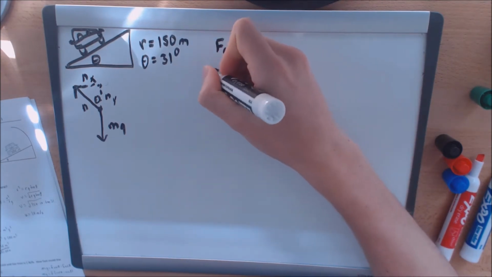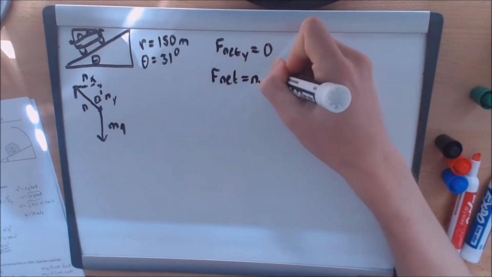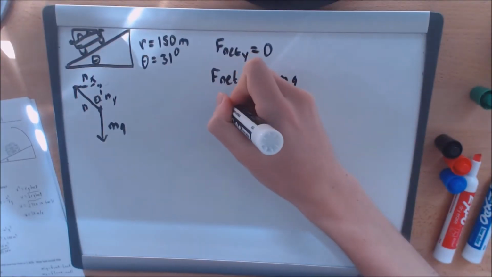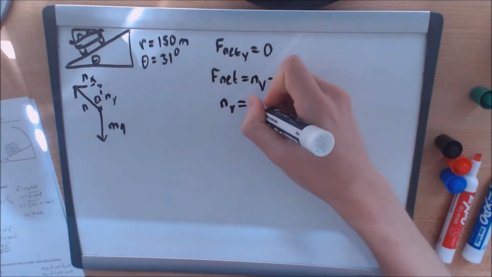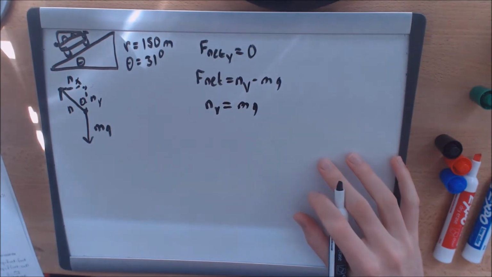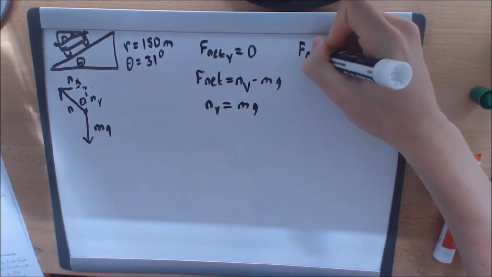And F net y also is ny minus mg. And since F net y equals 0, we know that the normal force in the y direction is going to be equal to mg. Awesome. Next step is think about F net x.